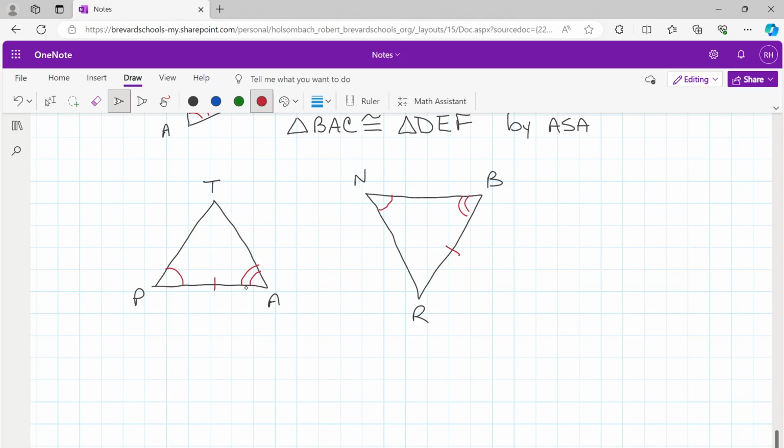Do you see the difference now, how the congruent side is not touching both angles? If the congruent side is not touching the two congruent angles in both shapes, then you cannot use angle, side, angle. So right here, these triangles are not congruent by angle, side, angle. Side NB would have to have one tick mark on it to be congruent by angle, side, angle. All right, so do you see the difference between congruent by angle, side, angle and not congruent by angle, side, angle?